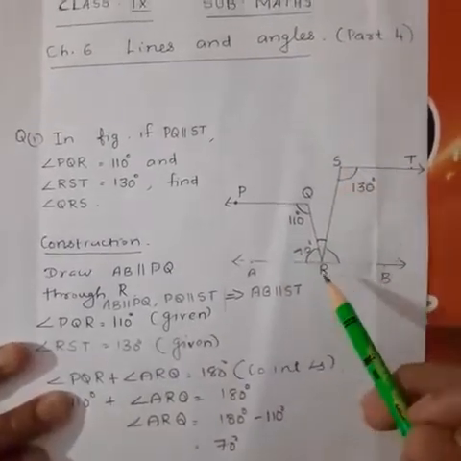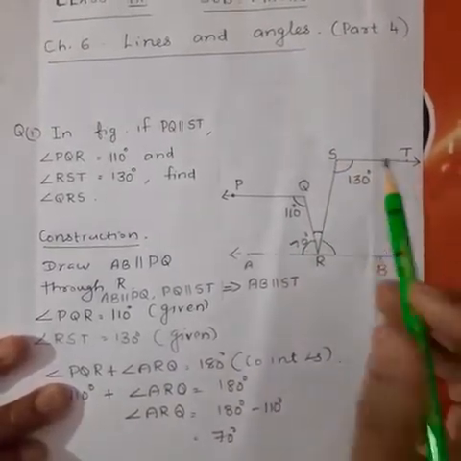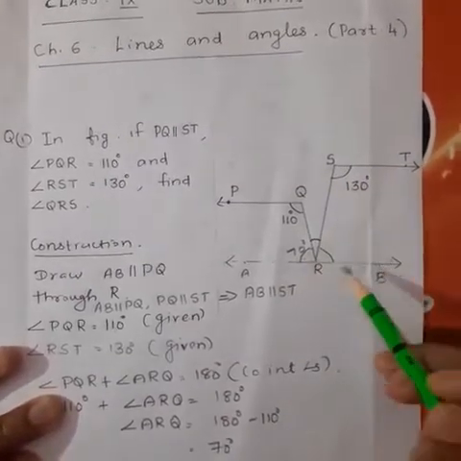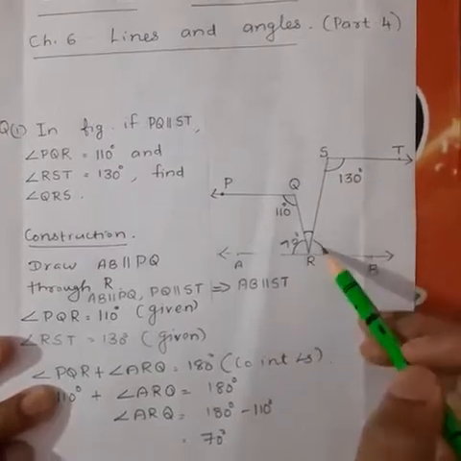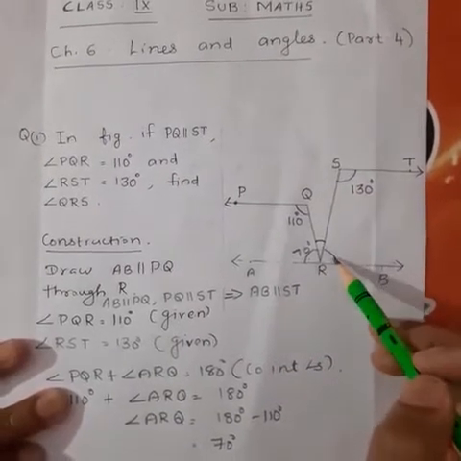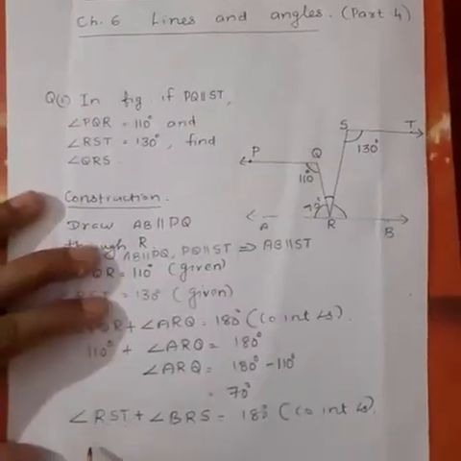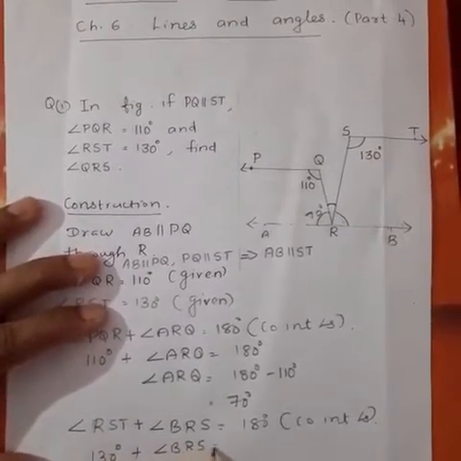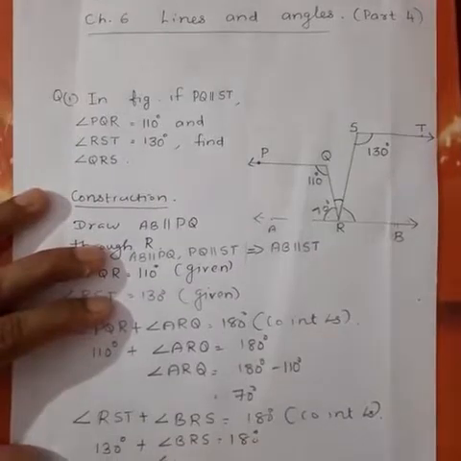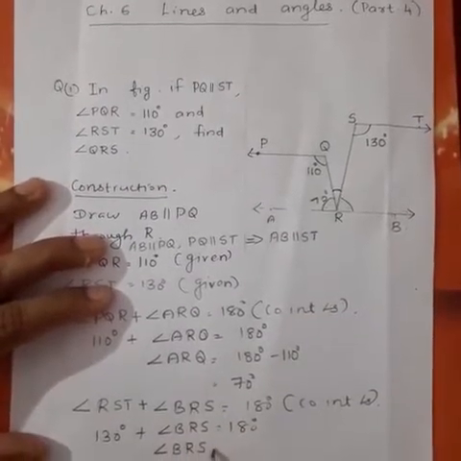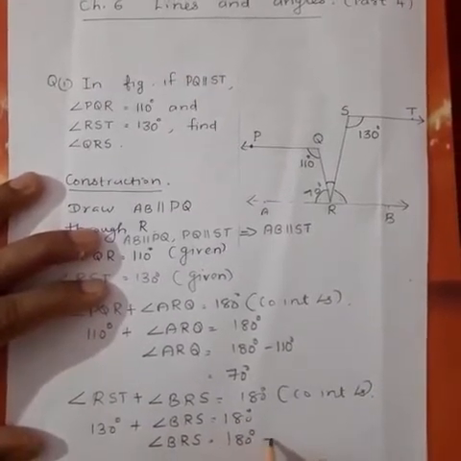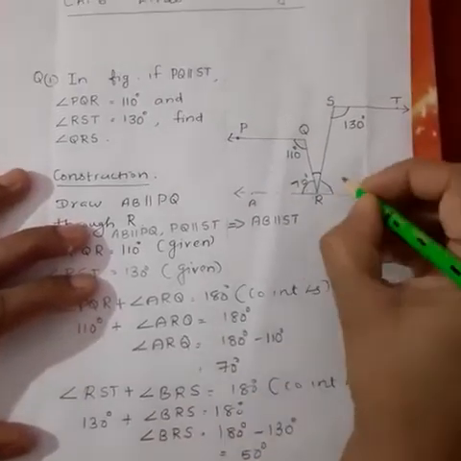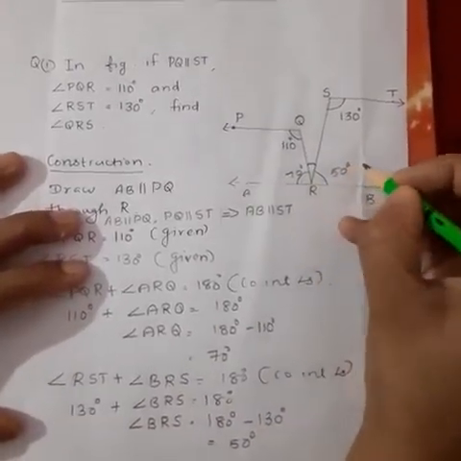Next, ST is parallel to AB, we have already proved, and these two angles, angle RST and angle BRS, form co-interior angles, so you can find out the angle from this. So angle RST is equal to 130 degrees, angle RST plus angle BRS is equal to 180 degrees. So angle BRS is equal to 180 minus 130, that is equal to 50 degrees.